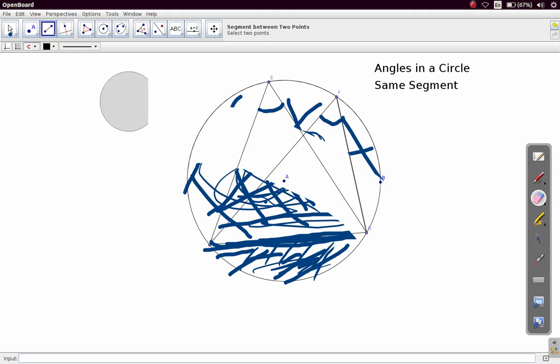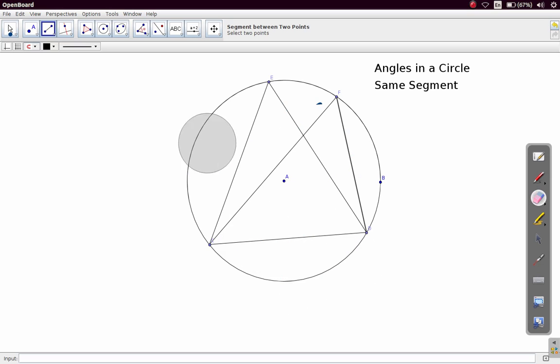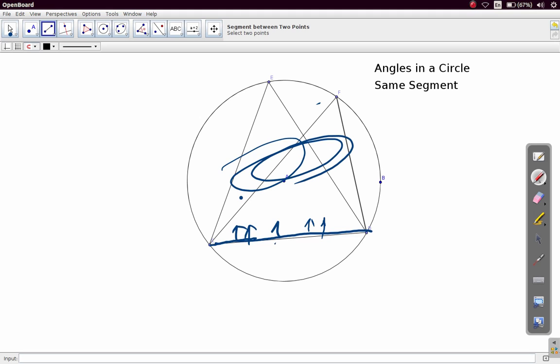So let me just erase what I have. This is my chord, with both angles lying on the chord. Up here you have one segment, everything that is above it, and then below here you have another segment right in this area.